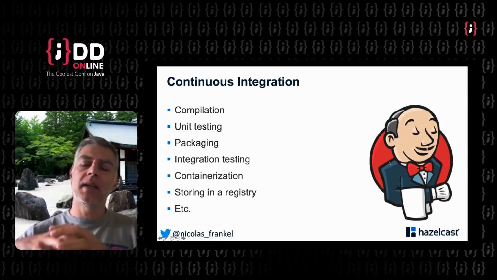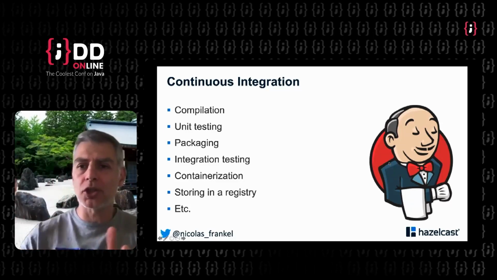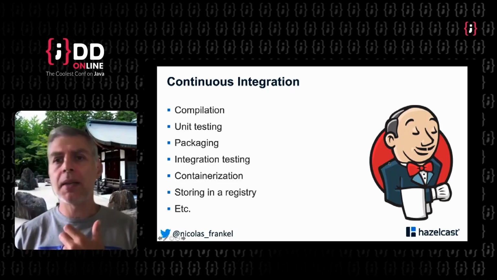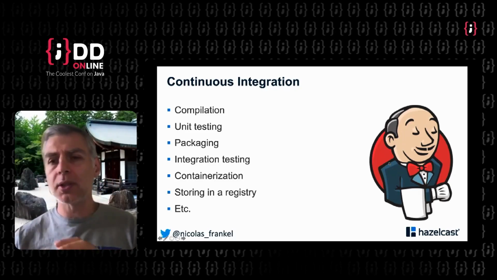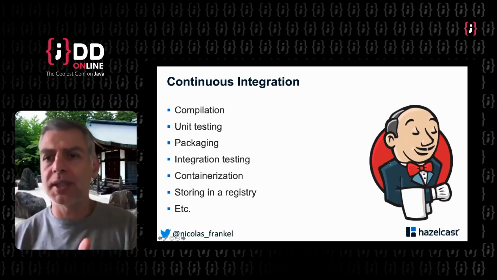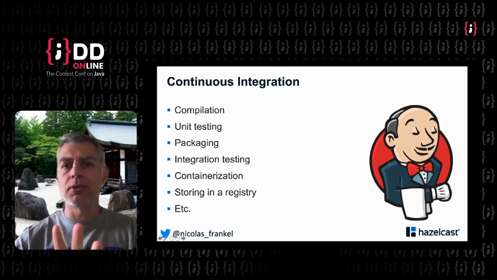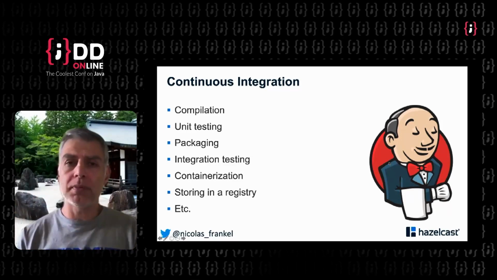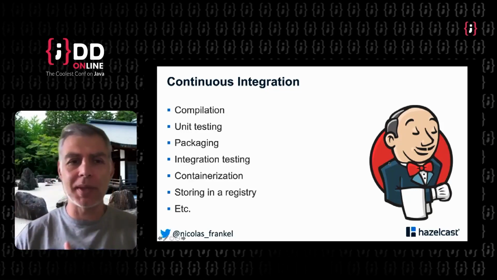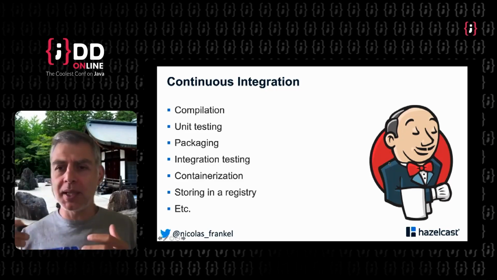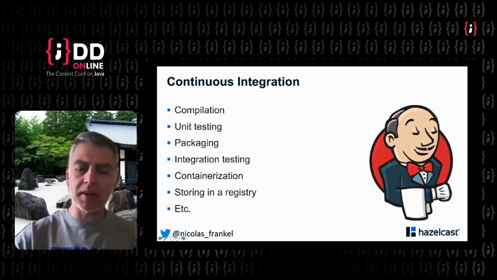Then you might, depending on your situation, create the package, then do some more testing, which in that case would be integration testing. And perhaps packaging is not enough because you are using Docker or Kubernetes or whatever. So you put that into a container, and then the package or the container, you store it into a registry. And I hope really, and it's bad that there is no feedback when I'm talking to my screen, but in the same room I would probably ask, and a lot of hands would say, yeah, we are doing that, and that's fine.